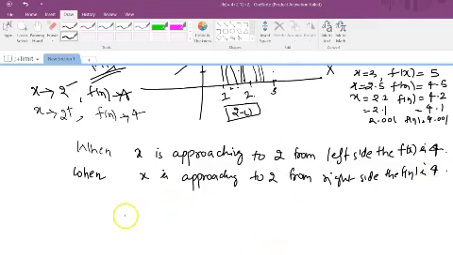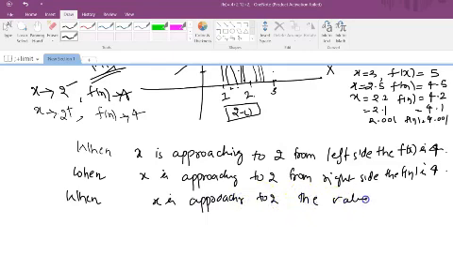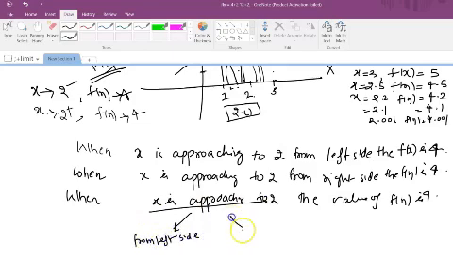So we can also say when x is approaching 2, the value of the function is 4, because when x is approaching 2, it has two meanings: from the left side or from the right side.